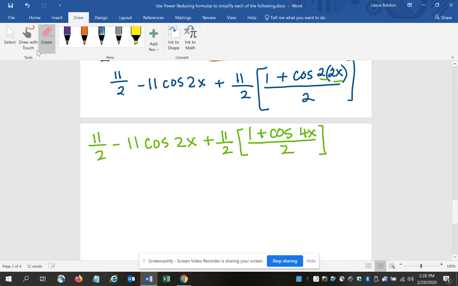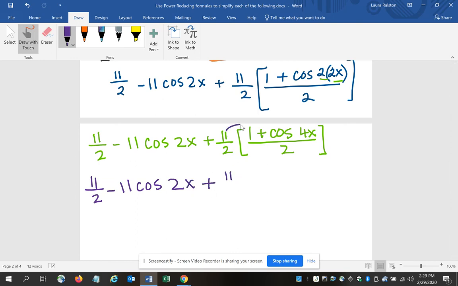Okay, so I have 11 halves minus 11 cosine of 2x plus 11 times 1 is 11, 11 cosine 4x all over 4.